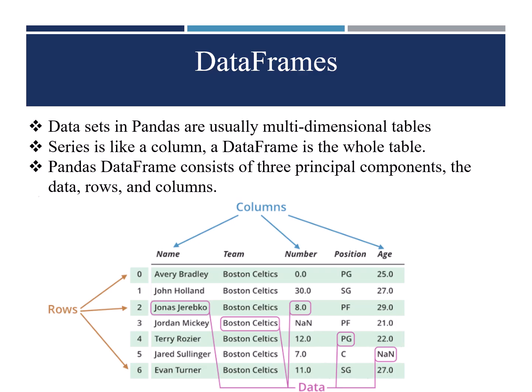Series is just like a column, whereas a data frame is just the entire table. So pandas data frame consists of three principal components. It consists of the data, the rows, and the columns. So the columns will be represented as a series. The entire table can be represented as a data frame.